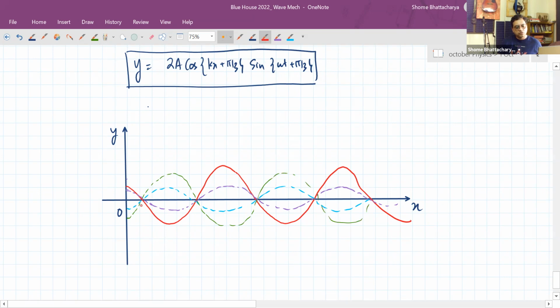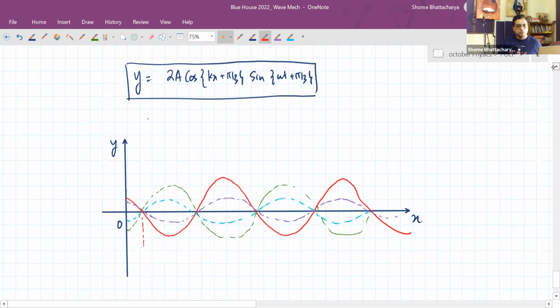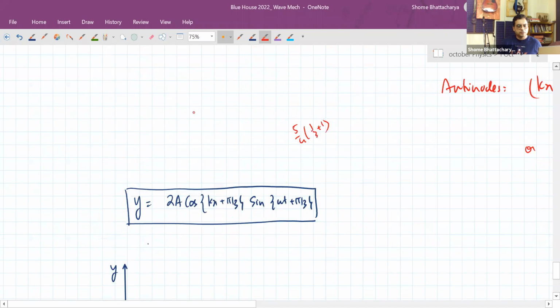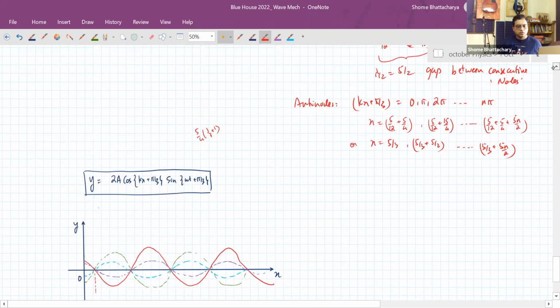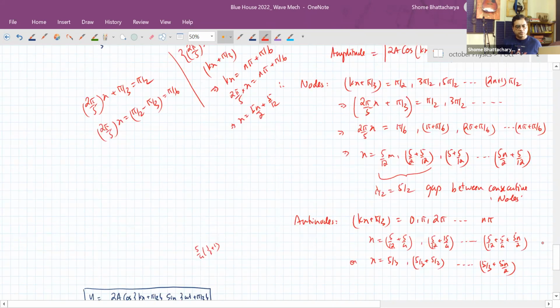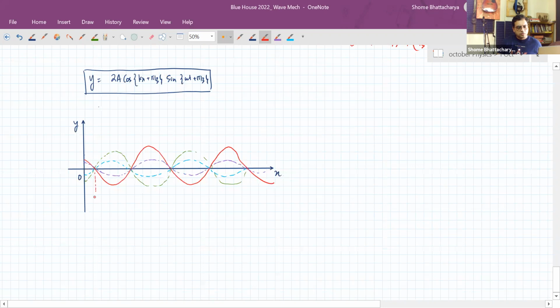So these are your nodes. So your first node was located at 5 by 12. So these are your nodes, whereas these are your antinodes.